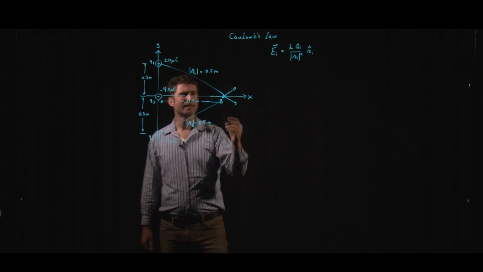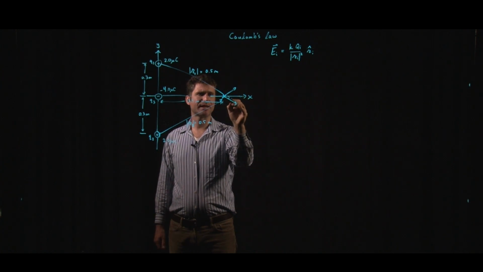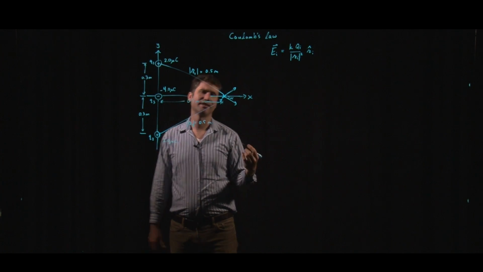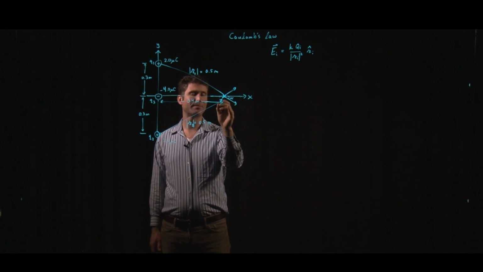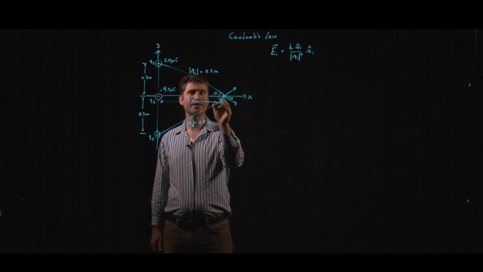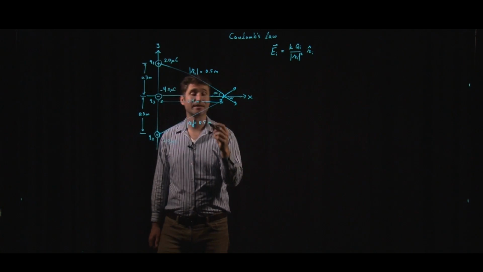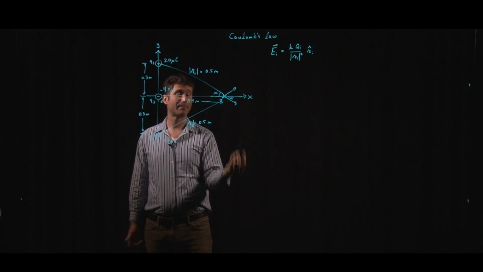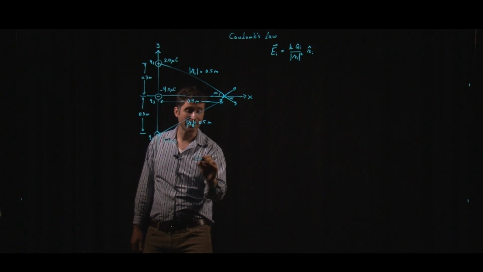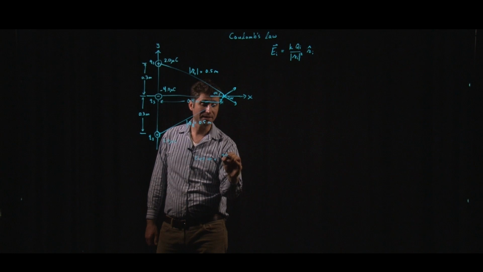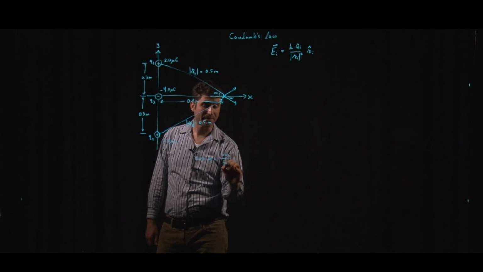In other words, if there's some angle alpha here, we really only want to take the cosine of that alpha. This angle here is the same as this angle here, so we can write down directly that the cosine of this angle is equal to the adjacent over the hypotenuse. Just as a reminder, the cosine of an angle is equal to the adjacent length divided by the hypotenuse length.